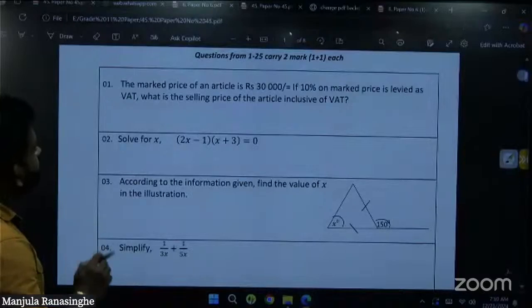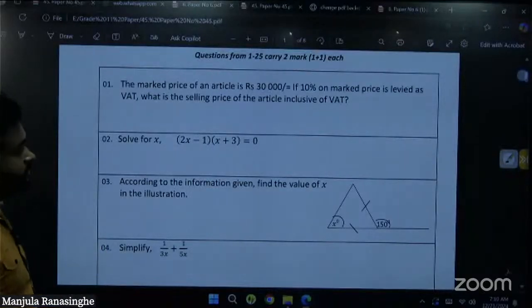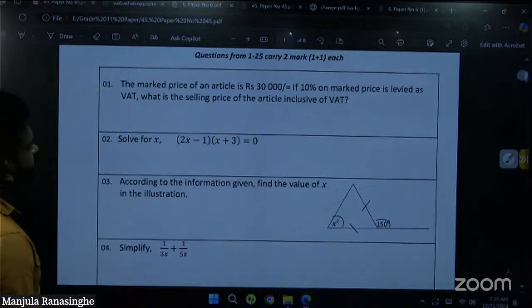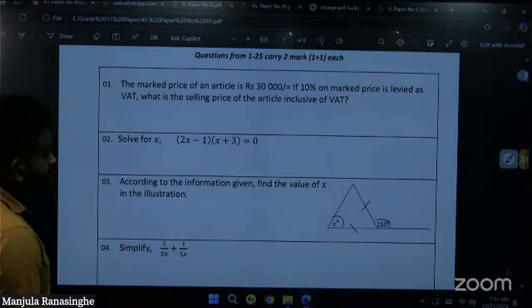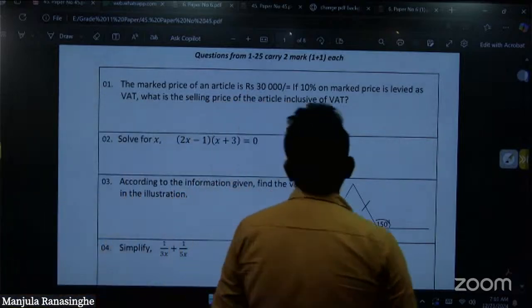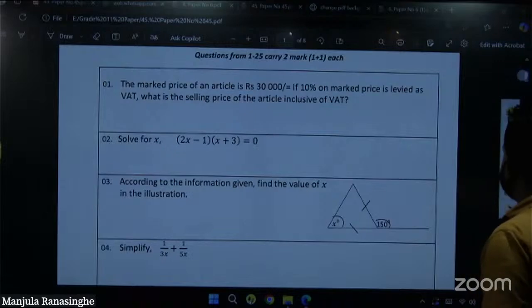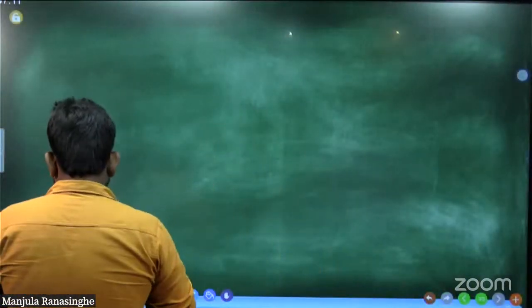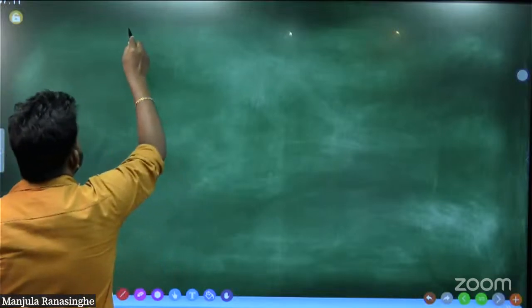The marked price of an article is rupees 30,000. If 10% on the marked price is levied as VAT, what is the selling price of the article inclusive of VAT? They are asking directly for the selling price, so we can move directly in this manner. The VAT percentage is 10%.